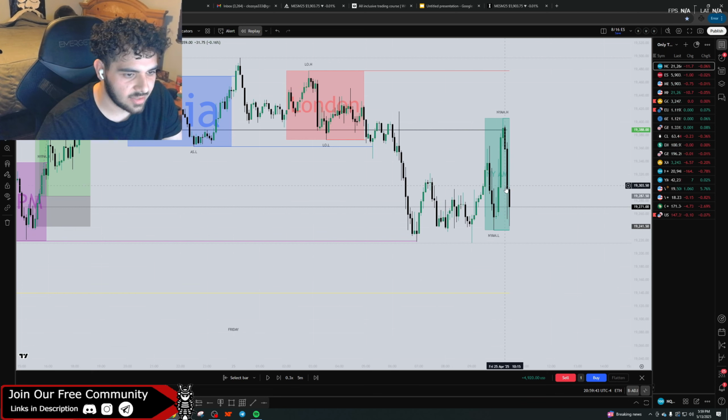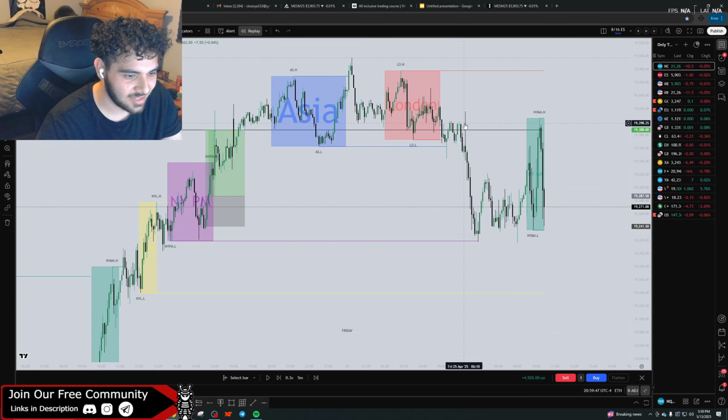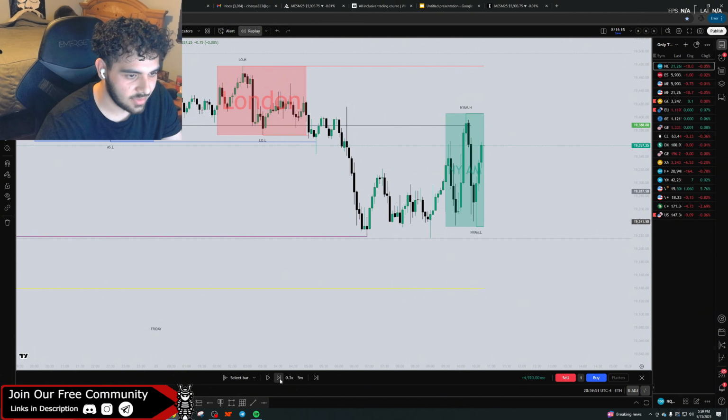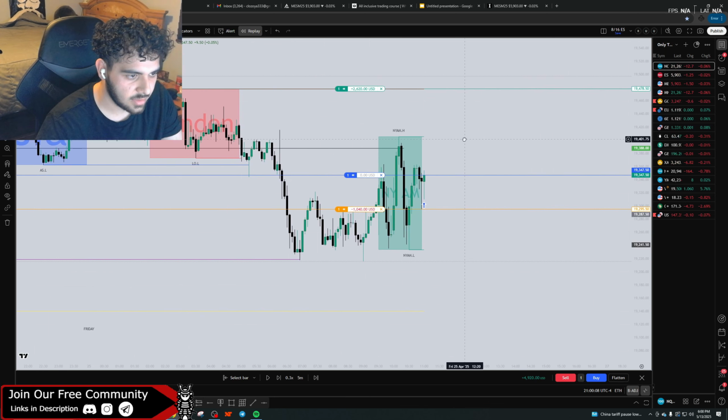So right here, it's really bad price action. I'd say going long is the move right here, but we'll try that actually. So we took out this low. We're respecting this fair value gap. Target this actually London high, because it's a little choppier.